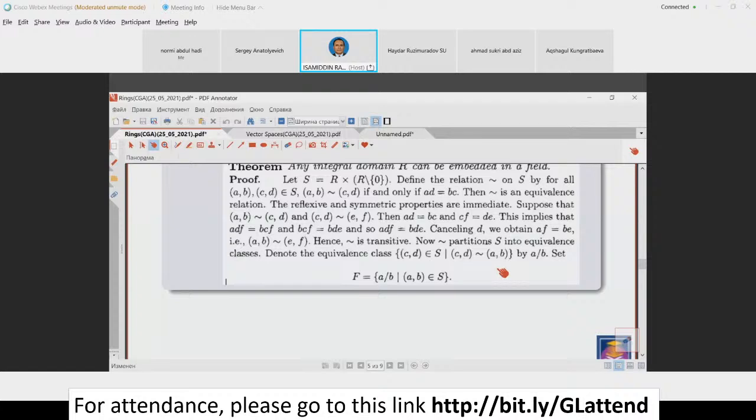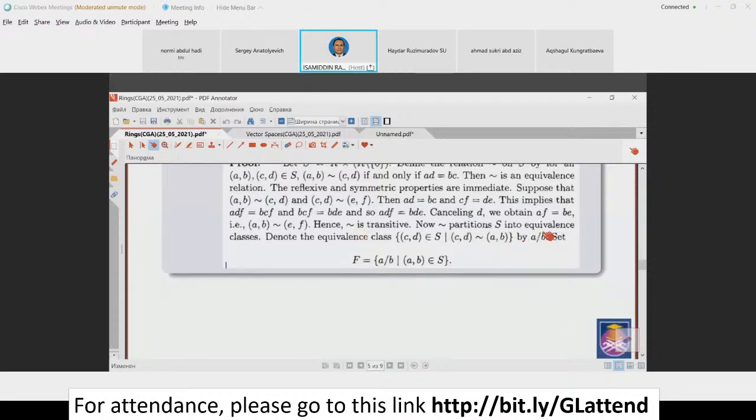Now, since this is an equivalence relation, you can consider equivalence classes.